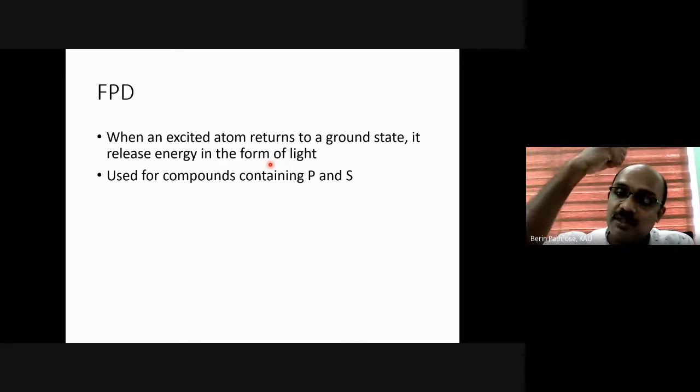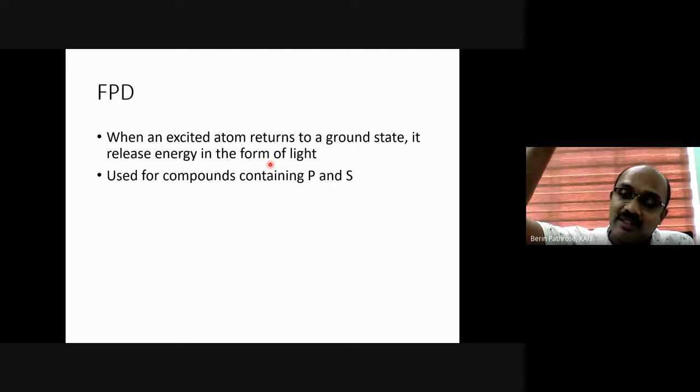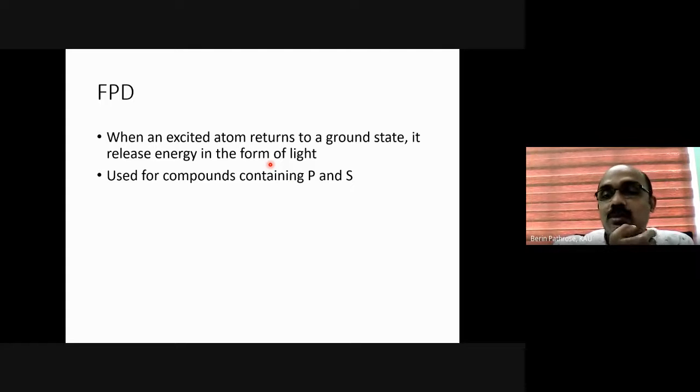So once it is burned, it moves into an excited state. Once it returns to the normal state, it releases energy in the form of light, and that light is measured. And this flame photometric detector is used for detection of compounds containing phosphorus and sulfur, because phosphorus and sulfur release light once they return to the normal state.